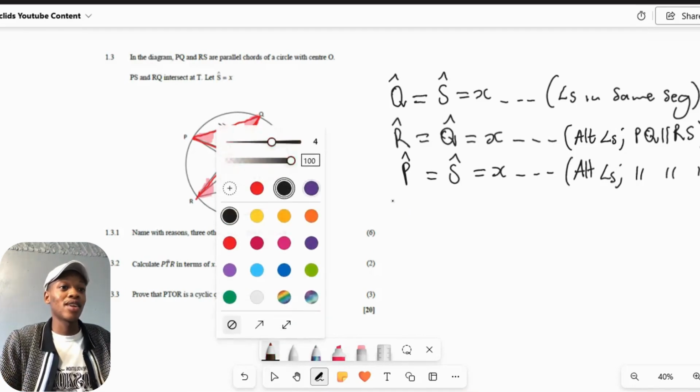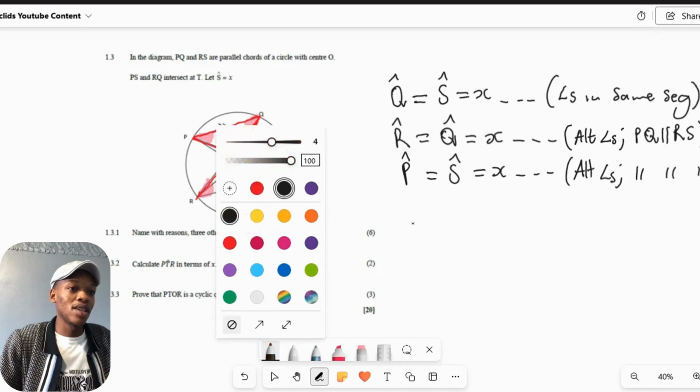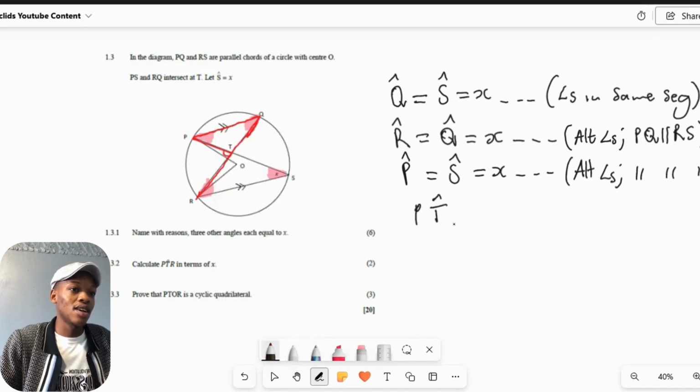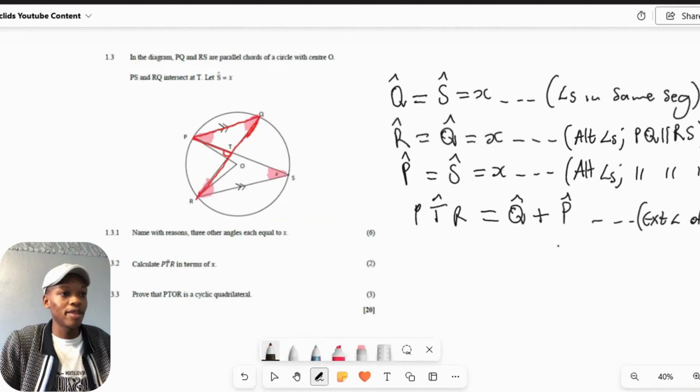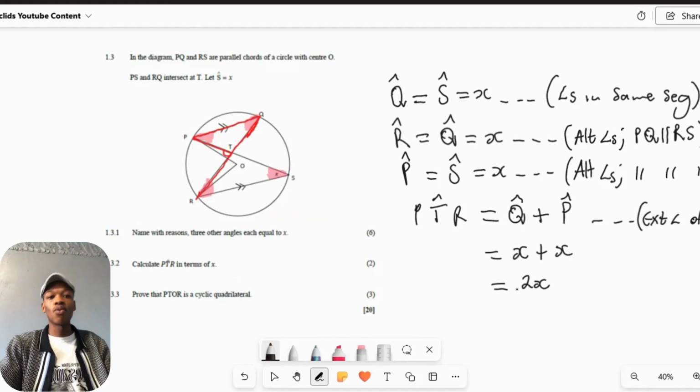So angle PTR is equal to angle Q plus angle P. How come? Exterior angle of a triangle. Since Q is X and P is X, that means PTR is equal to 2X.